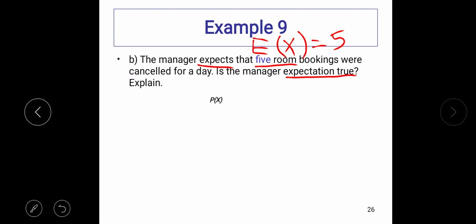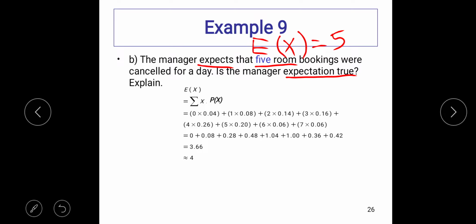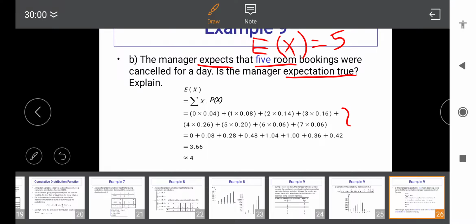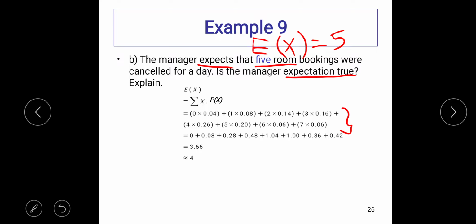So you want to see whether the expectation is true or not. What you need to do is to find the exact value for the expected value. So we use back the formula for the expected value, summation of your X multiplied with the probability. So you take back all the X values and multiply with the probabilities here. We have done this before. And then finally, the exact value is 3.66.